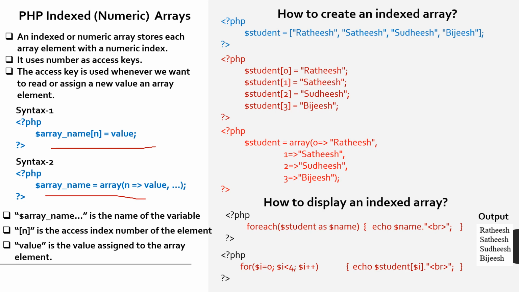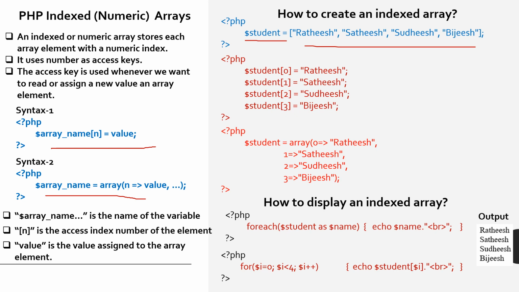Now let's see how to create an indexed array. Straight away we can create it by assigning the array name and its values. That is one possible way. Another way is, as we discussed, array name of index is equal to value.